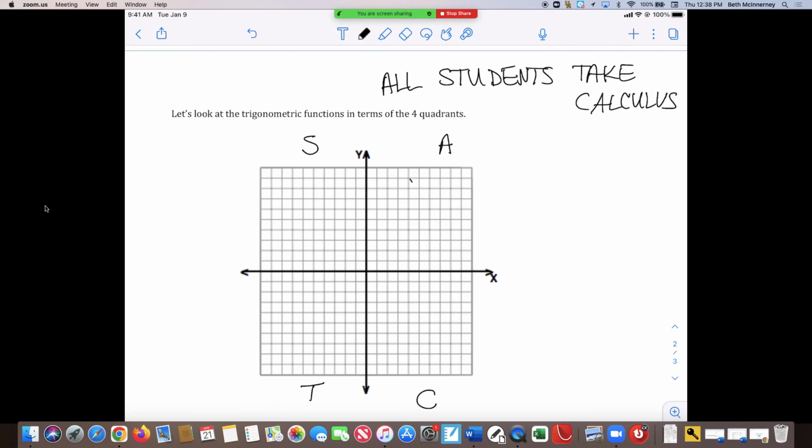In the first quadrant, x is positive and y is positive. So here, all trig ratios are positive in the first quadrant.